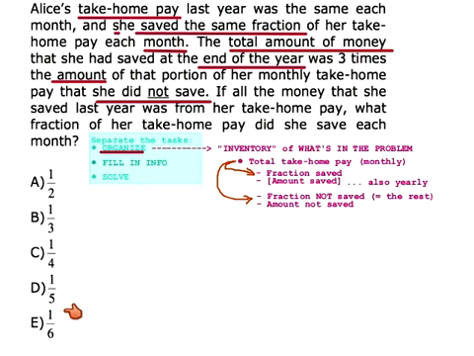So if we organize it, then this is actually not so bad. We have total pay. And then we have saved: fraction per month, amount per month, and amount per year.